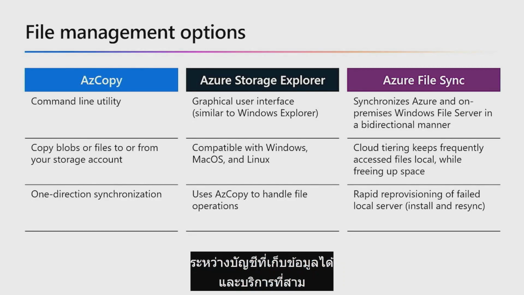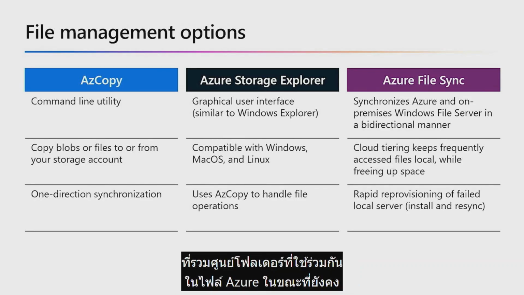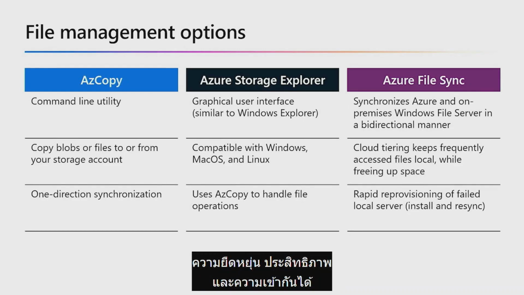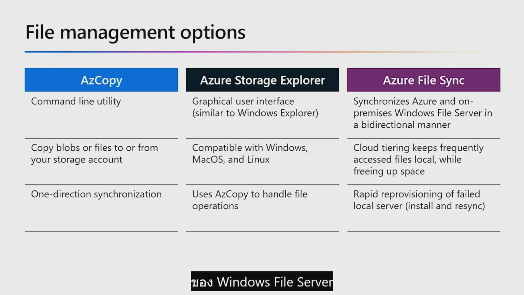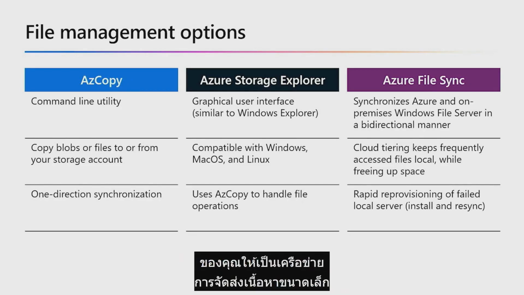The third service on the right side of my screen is Azure File Sync. It's a tool that centralizes shared folders in Azure Files while maintaining the flexibility, performance, and compatibility of a Windows file server. It's almost like transforming your Windows file server into a miniature content delivery network.